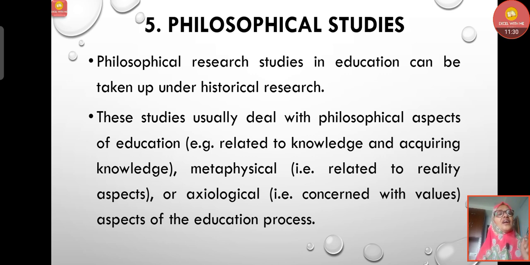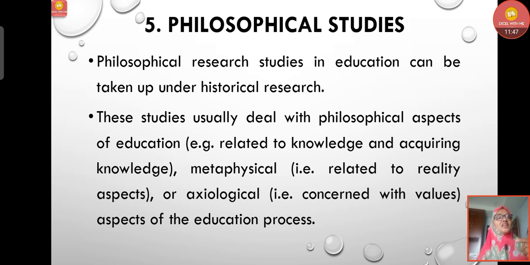Now the fifth one is philosophical studies. Philosophical research studies in education can be taken up under historical research. These studies usually deal with philosophical aspects of education, for example, related to knowledge and acquiring knowledge.